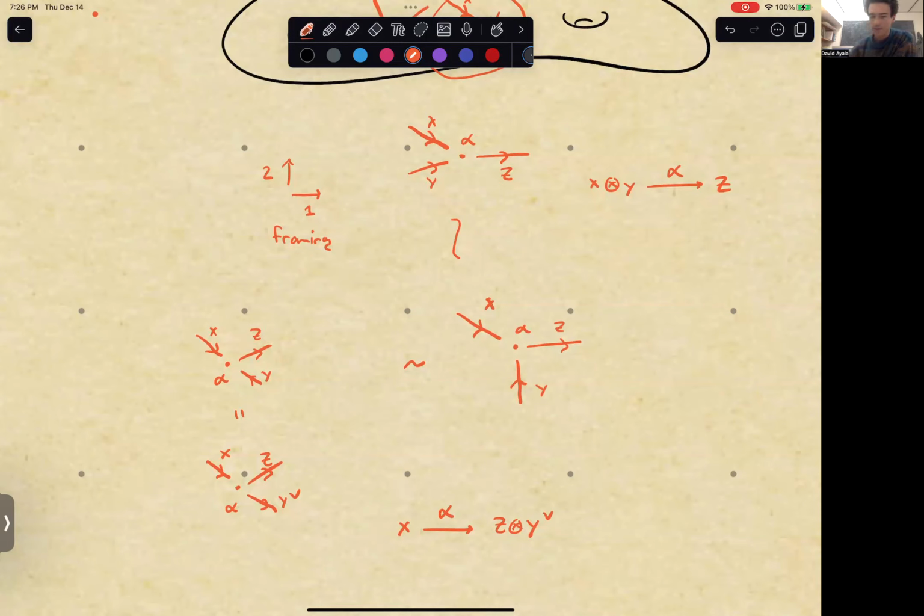So we still use the framing, though these kinds of interpretations, as alluded to here, are invariant with respect to isotopy.